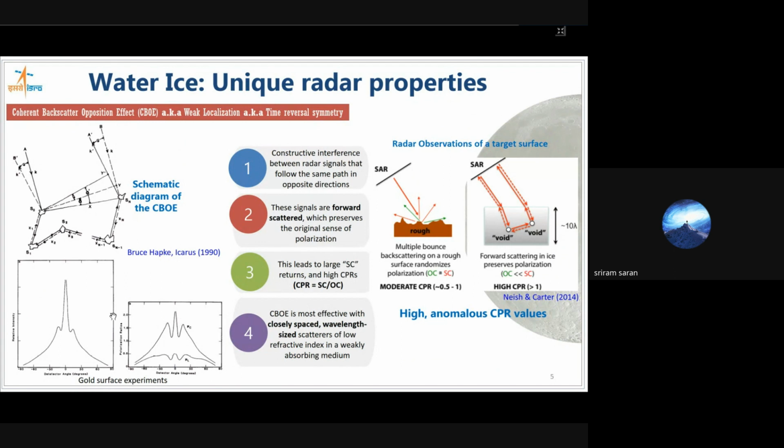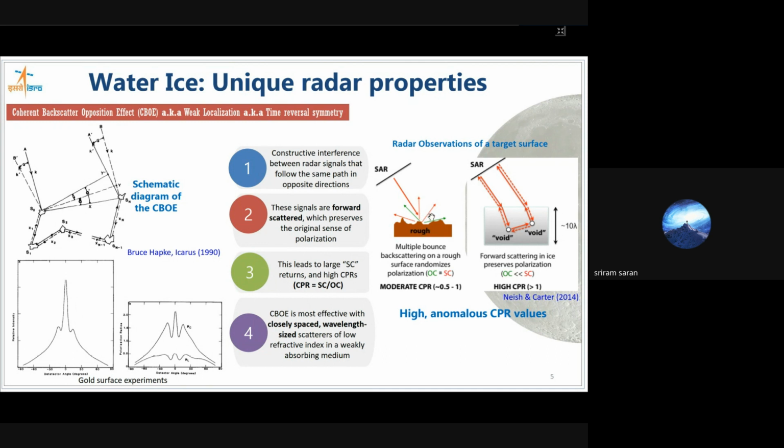So this was done in labs on a gold surface, assuming it as a perfect scatterer. So they measured this peak at zero phase angle. So this is the theoretical background to detect the ice from radar observations.